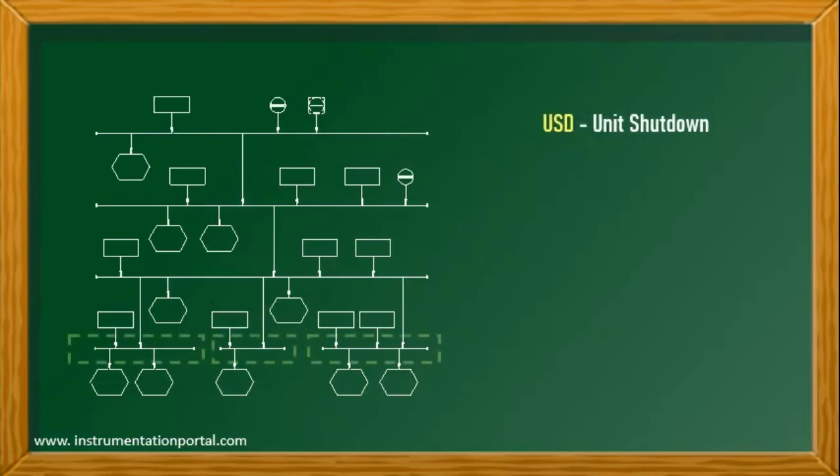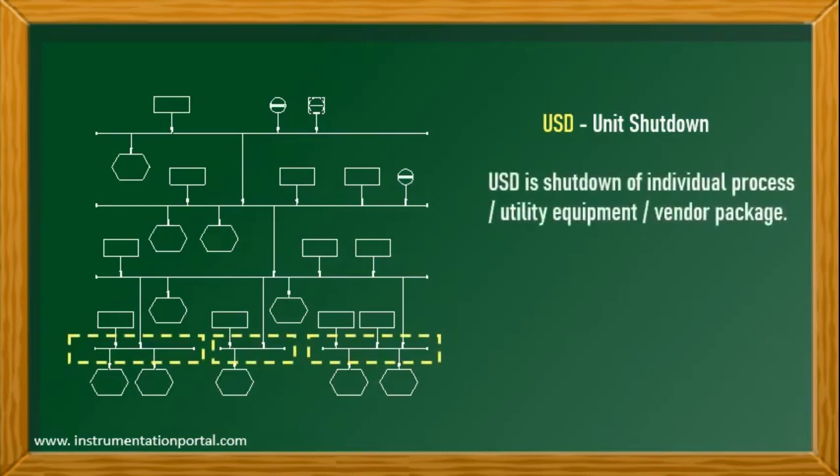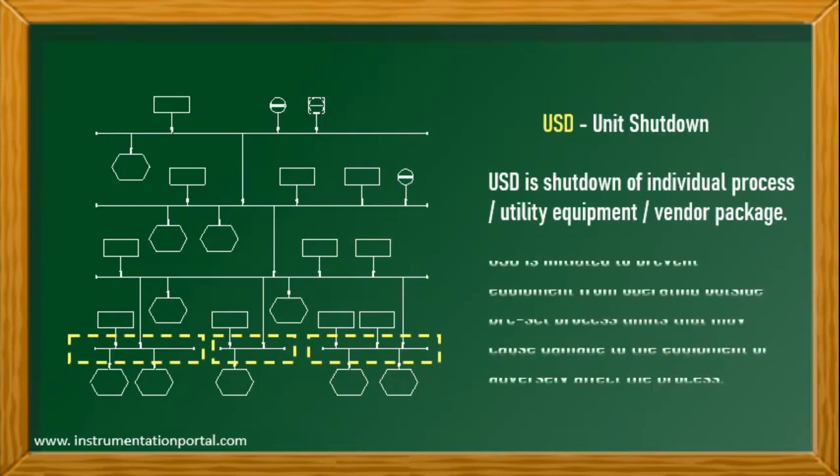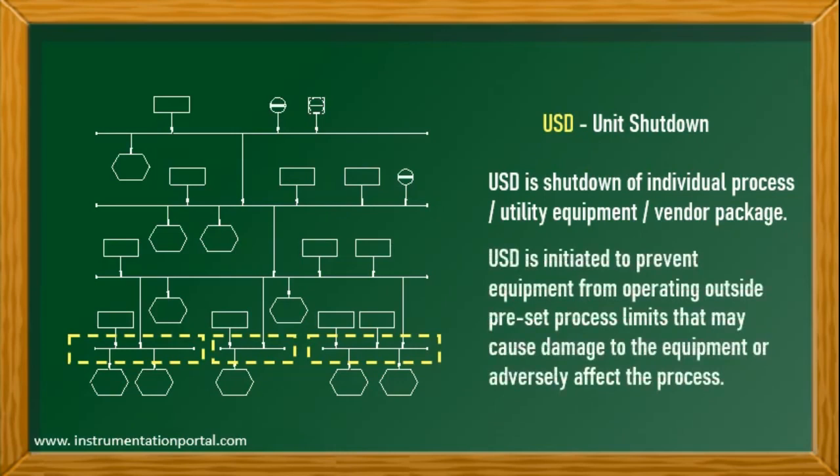The most bottom level is unit shutdown. USD is shutdown of individual process or utility equipment or vendor package. Unit shutdown is initiated to prevent equipment from operating outside preset process limits that may cause damage to the equipment or adversely affect the process.